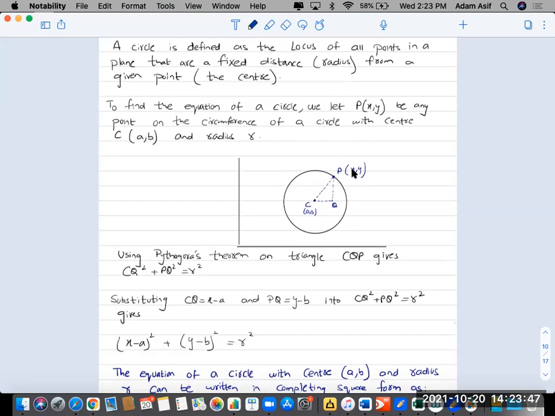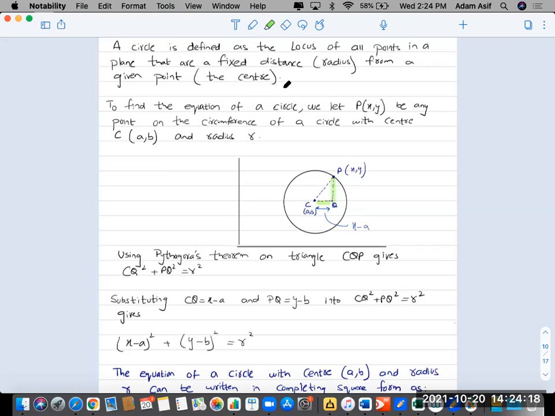So if it's any point, I'm going to say the coordinates are going to be X, Y. Now, if I drop a perpendicular over here, if I try to make a right angle triangle, Q is the foot of P. This distance, would you agree that this distance is going to be X minus A? Because the X coordinate is X and the X coordinate over here is A. So this distance is X minus A.